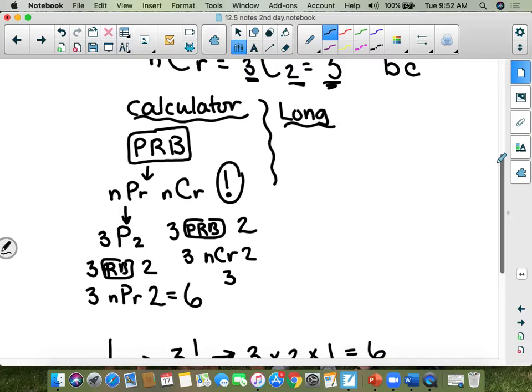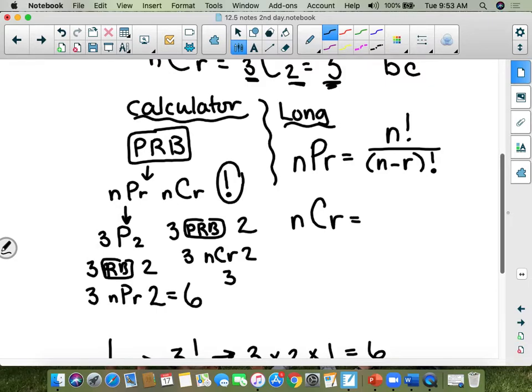Okay, so if you don't have a calculator, then you'll have to do it the long way. And these are the 2 formulas, and I'll use them to show you how it works. This is the formula if you don't have a calculator. NPR equals N factorial divided by N minus R factorial.